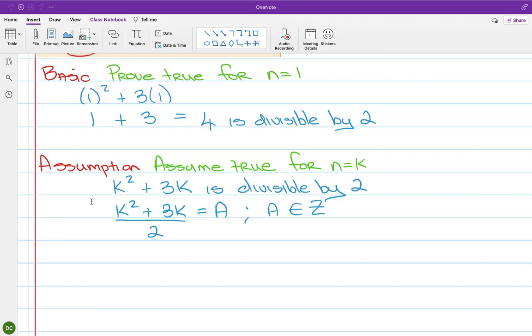All right, next is the inductive step. So that is where we prove the statement to be true for n equal to k plus 1 based on the assumption.